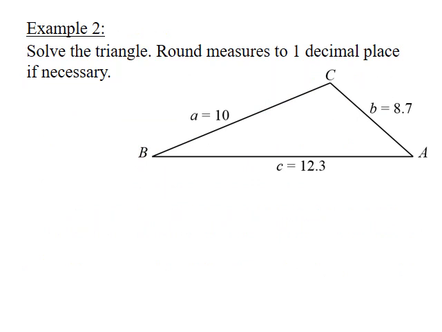All right, so here we want to solve this, and as you can see, we are given only the sides of the triangle. So we must use the law of cosines because we don't even have an angle to apply the law of sines. Now, the first thing I'm going to do is find angle C.